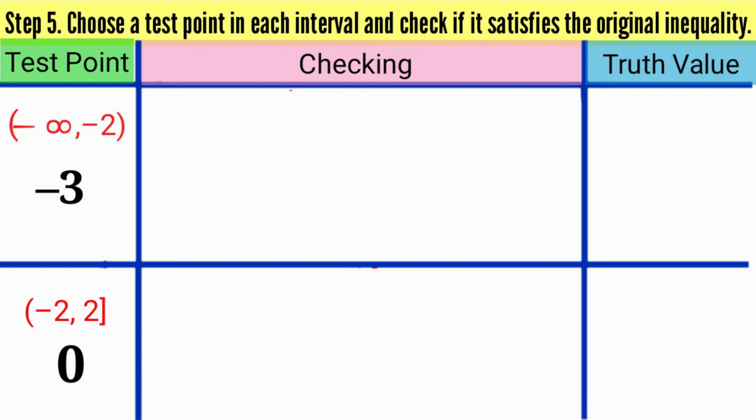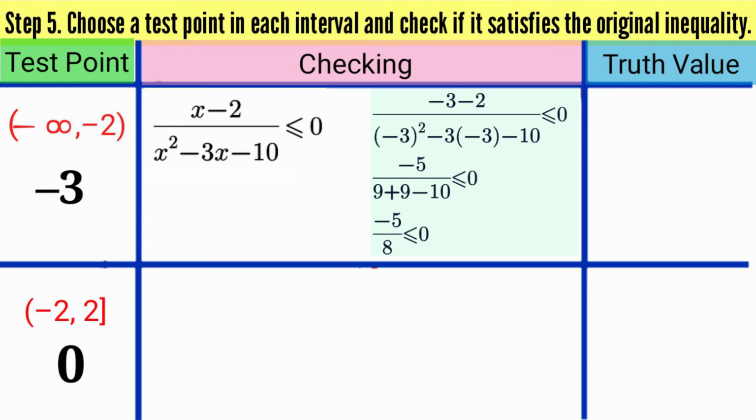Substituting x equal to negative 3 into the inequality will give us negative 5 over 8 less than or equal to 0. Is this a true statement? Yes. Negative 5 over 8 is less than 0.